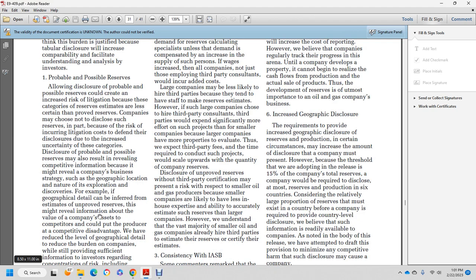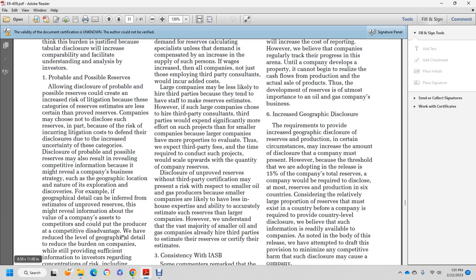Probable and possible reserves. Allowing the disclosure of probable and possible reserves could increase the risk of litigation because of the category of the reserves, the estimates of the reserves, and the less certain proof of the reserves. This may make companies cautious about disclosing reserves, creating litigation risk for defendants of the disclosure. The disclosure of probable and possible reserves may also result in revealing competitive information that might reveal the company's business strategy, geographical location, and the nature of exploration and discovery, for example geographical detail inferred from the estimates. Unproved reserves may reveal information about the value of the company to competitors, and put the producer at a competitive disadvantage.